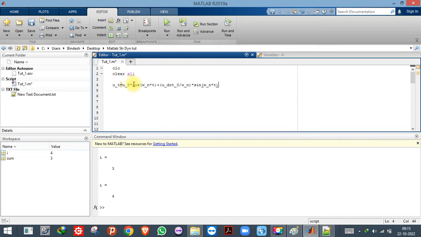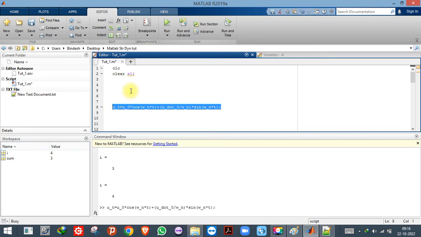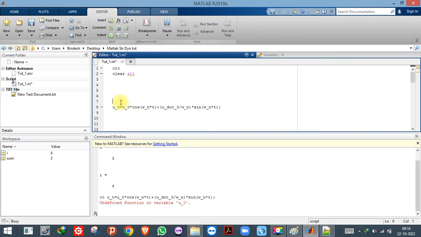Star means multiplication. Now we have written the total equation. Before executing, see, if I try to execute now, the software will tell me that there are no such variables, isn't it? We have not assigned u dot 0. The software knows omega and t, so we'll try to assign one by one.